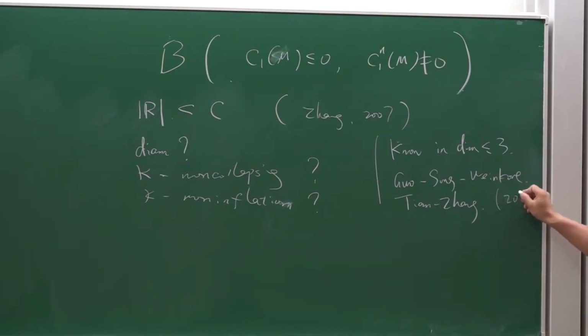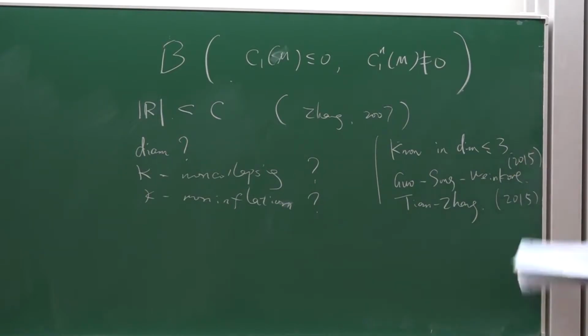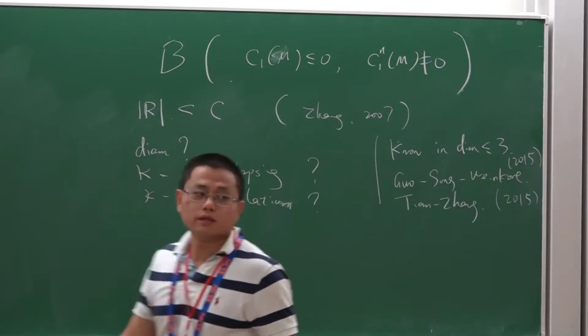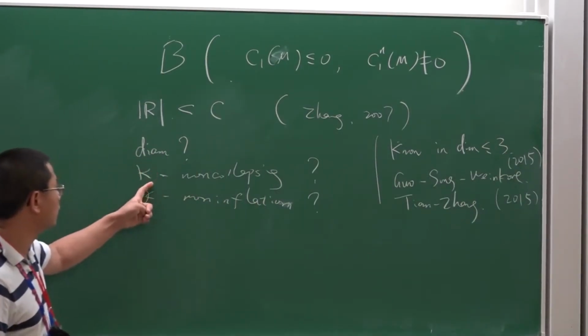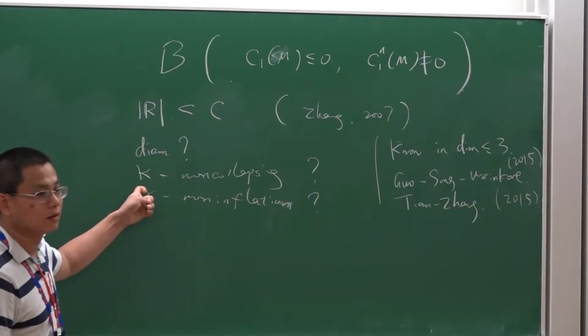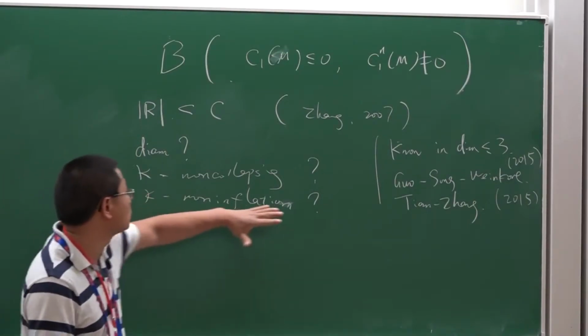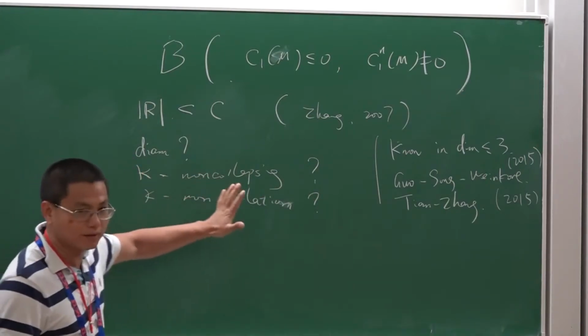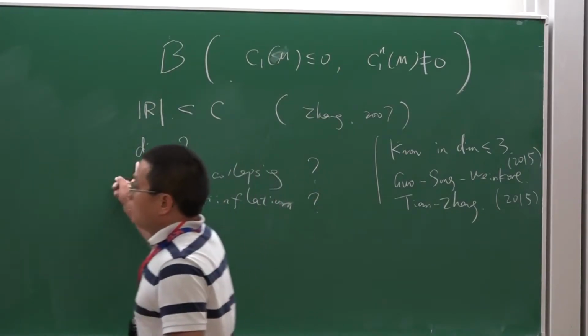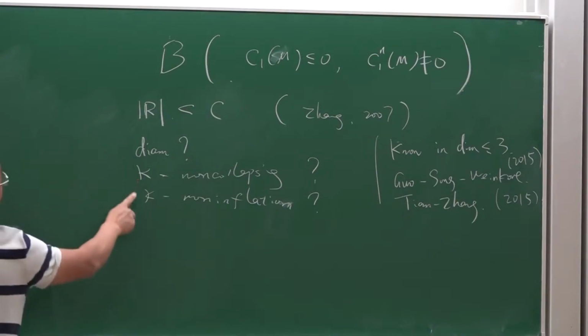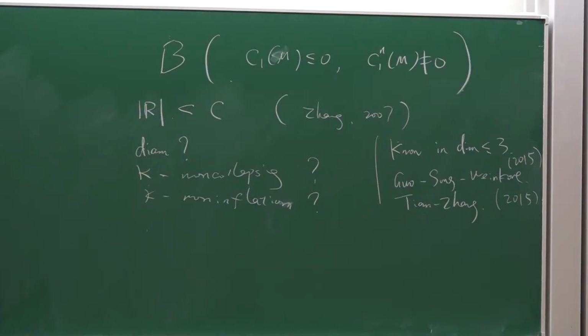I think this is almost the same time. So in dimension 2 or 3, it's known that the diameter is bounded, and you have this non-collapsing. And after non-collapsing, obtaining this is not very hard. Then in high dimension, this is not known.